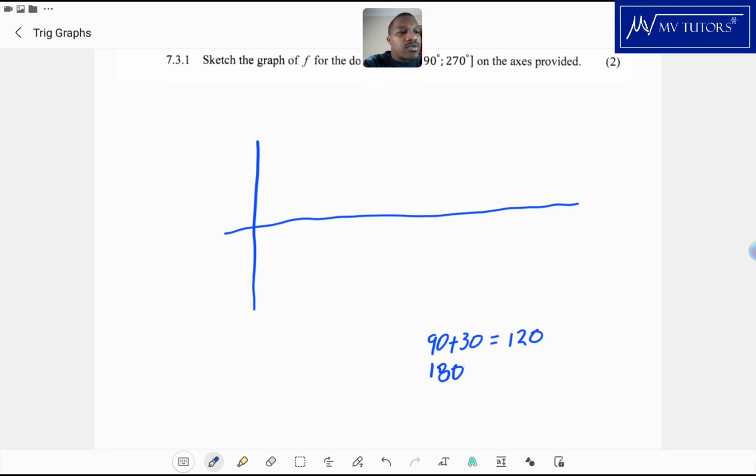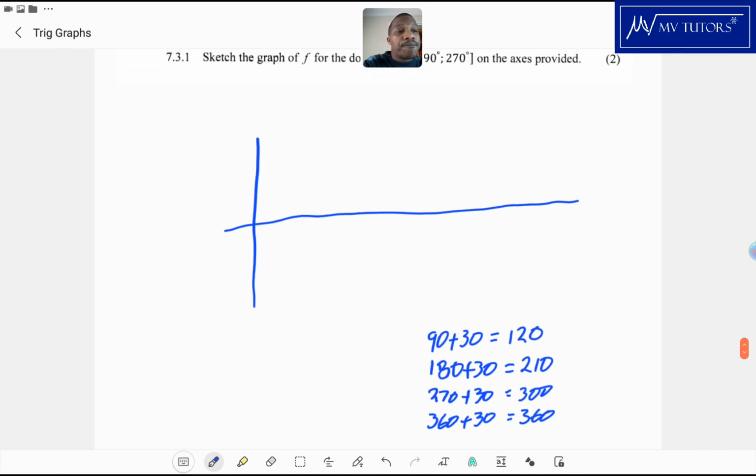The next one is 180 plus 30, which is 210. The next one is 270 plus 30, which equals 300. The next one is 360 plus 30, which is 390.